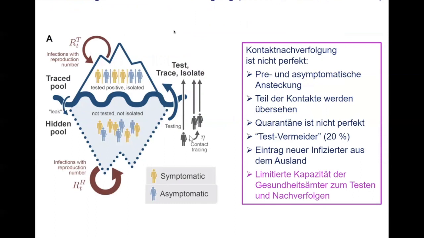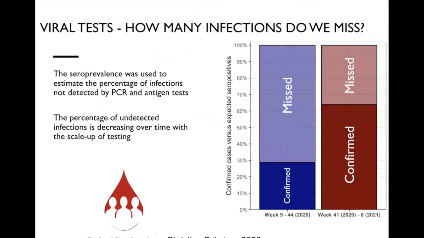They also looked at the effect of contact tracing or different interventions, and you can then confirm it or test it on, for example, some results from Denmark, viral tests.